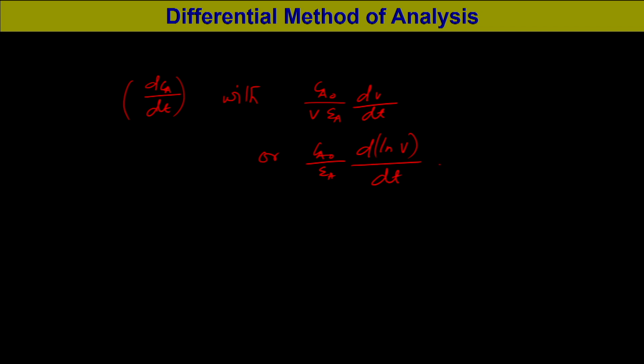All other methods of analysis are the same, like minus rA is equal to minus dCA/dt. For the varying volume systems, we have to substitute dCA/dt with this term or with this term. Then the method of analysis would be similar to what we have done just before.